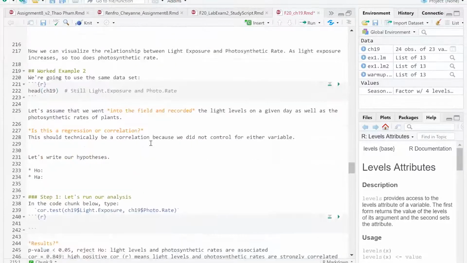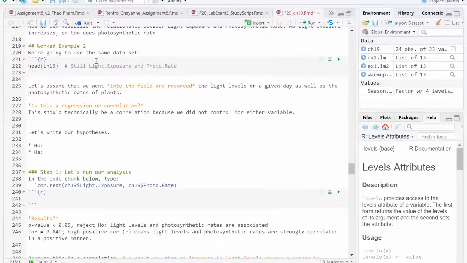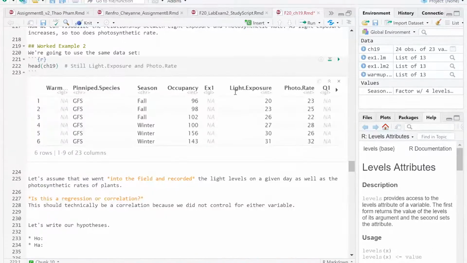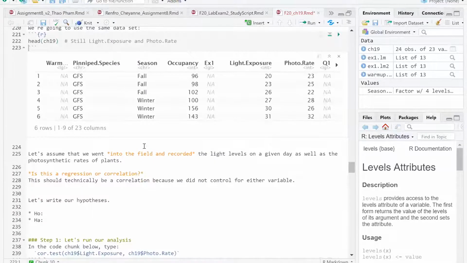So for example 2, we're going to use the same data set, still using light exposure and photo rate. But this time we're going to imagine a situation in which we actually went into the field and recorded the light levels on a given day, as well as the photosynthetic rate of plants.